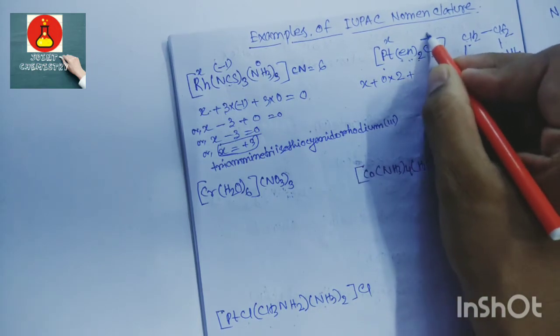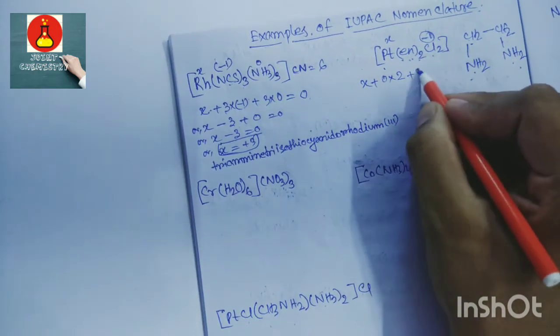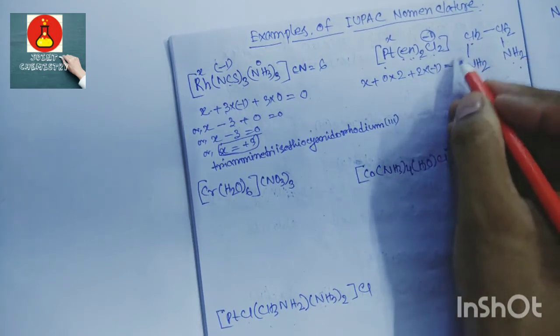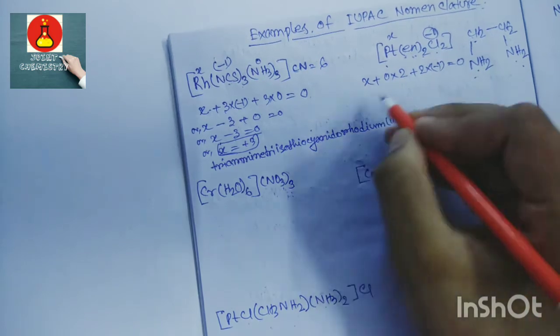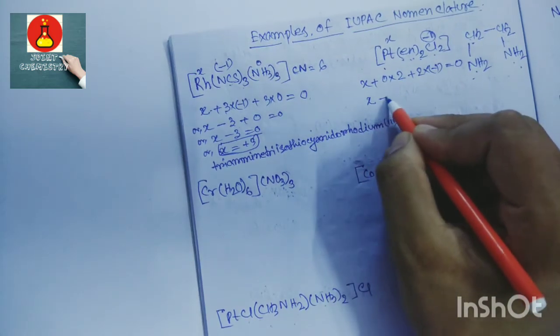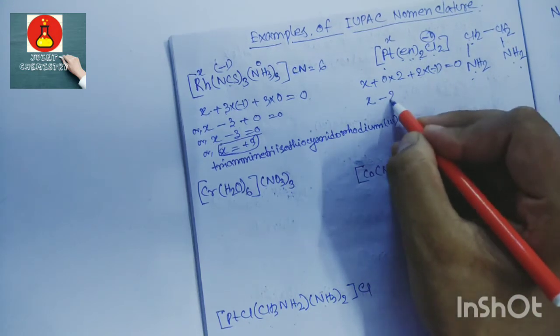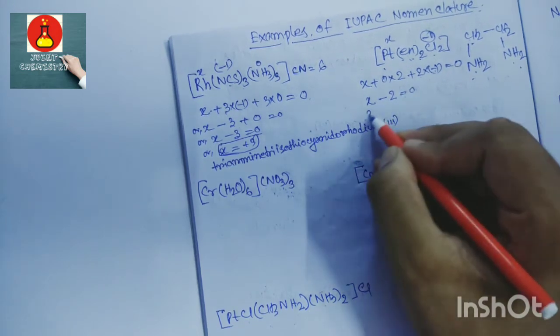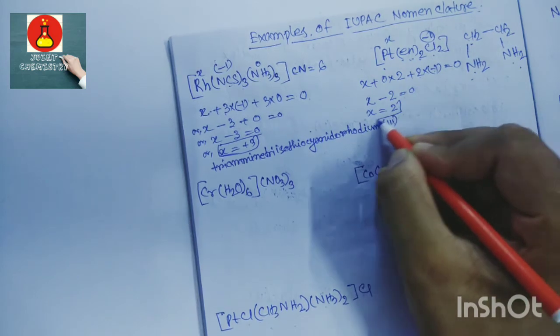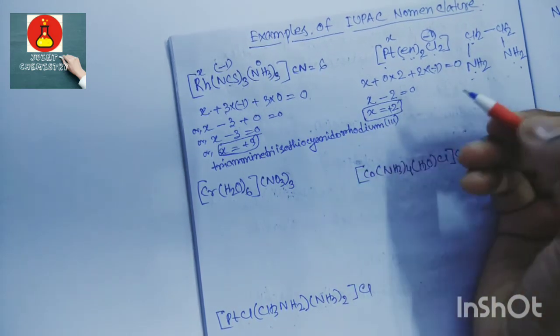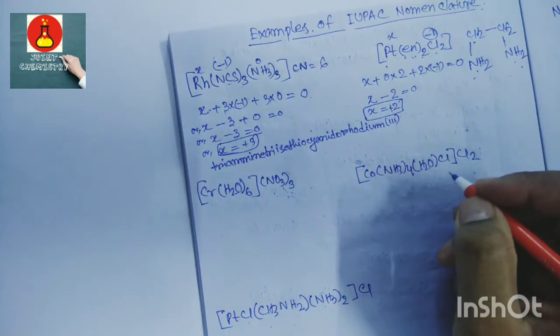Each Cl donates -1 charge, so there will be 2 into -1, equal to the charge outside of this complex, which is 0. So X minus 2 is equal to 0. So X is equal to 2, or plus 2, same thing. So now let's write the name of this complex.